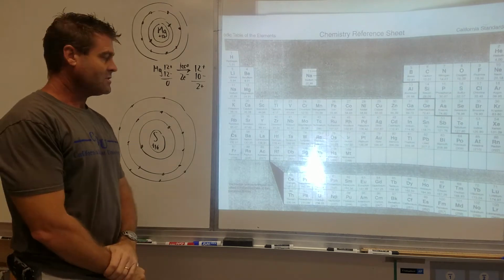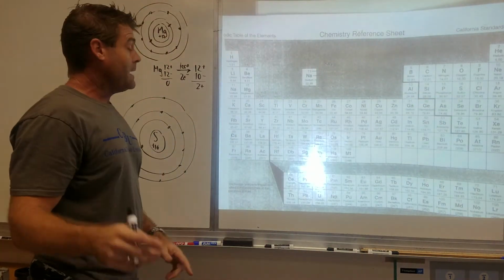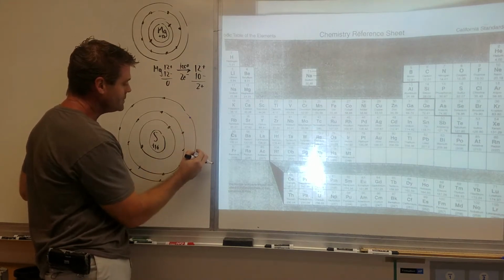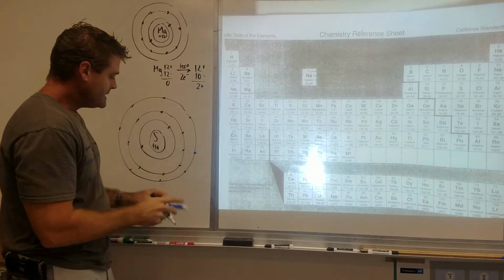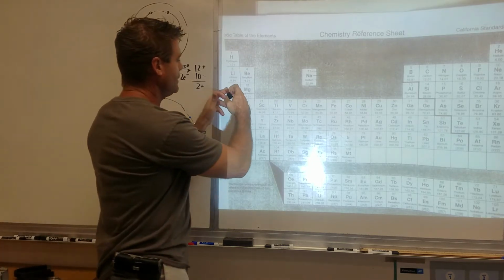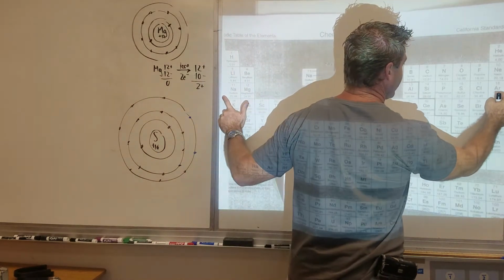What do you guys think is going to happen to sulfur? What would you guys predict sulfur would do? You might predict sulfur to gain 2 electrons. Because by gaining 2 electrons, doesn't it now have 8 in its outer shell? And you guys see the third energy level, or the third shell, can hold a maximum of 8 electrons.